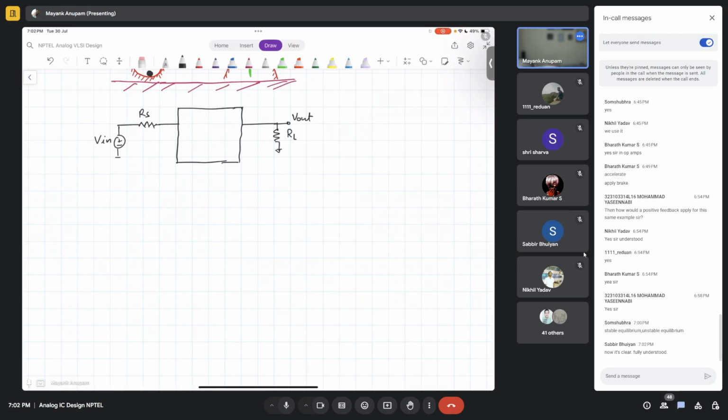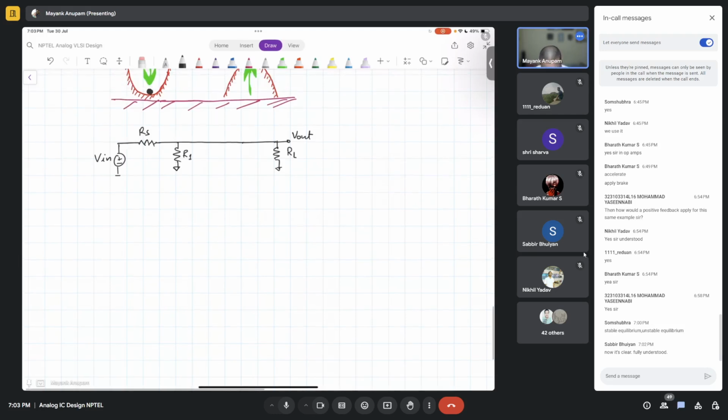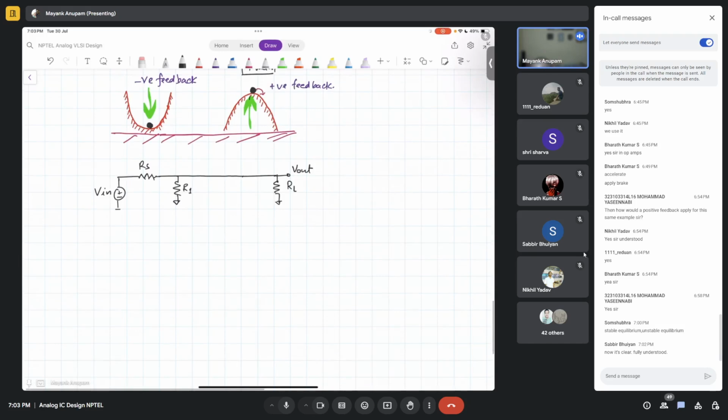Instead of this block, it was replaced with another thing, right? A simple, let's call it some R1. This was the scenario, isn't it? Now, what was the problem here?